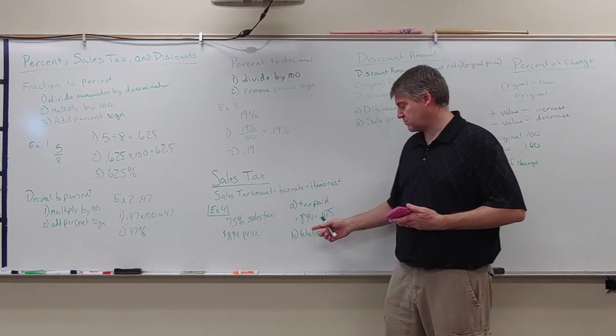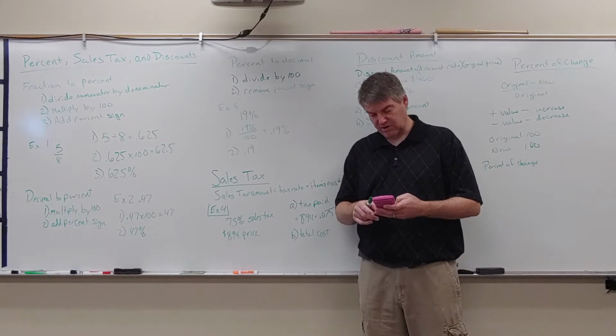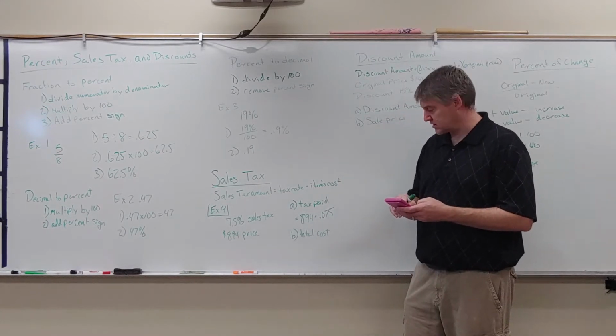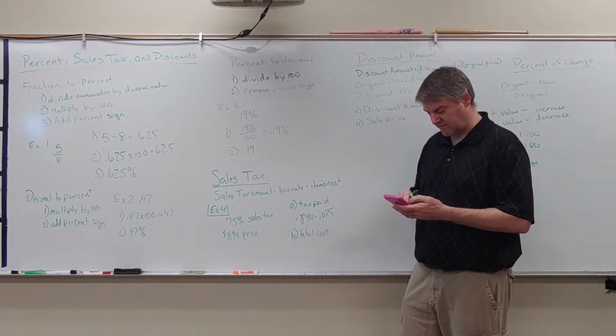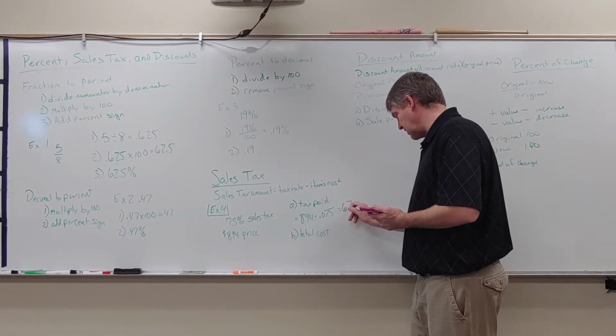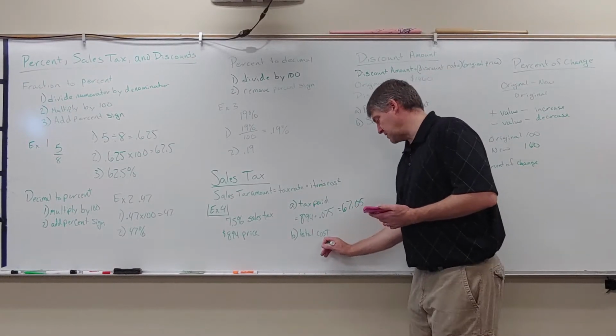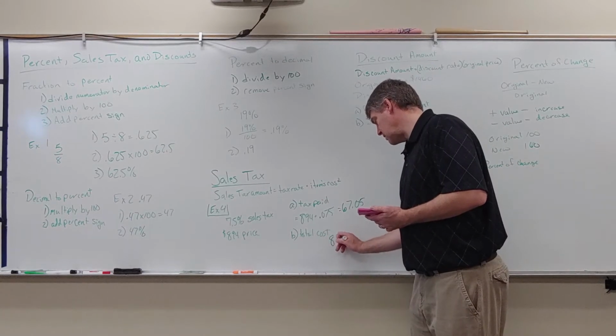I'm going to put it as a decimal just to refamiliarize myself there. So I'm going to take 894 times 0.075, and I get sales tax of $67.05.